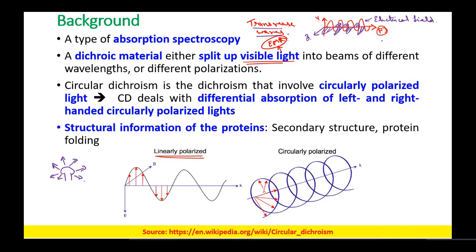Because over here, as I told you, we have electromagnetic radiation, an electric beam and a magnetic beam, and both are perpendicular to each other. However, the intensity of the electric field is much higher than the magnetic field. And usually when we talk about the propagation of visible light, we tend to regard it only with the electrical field.